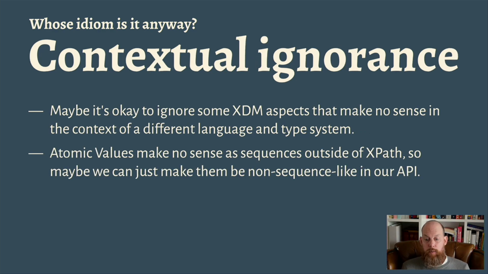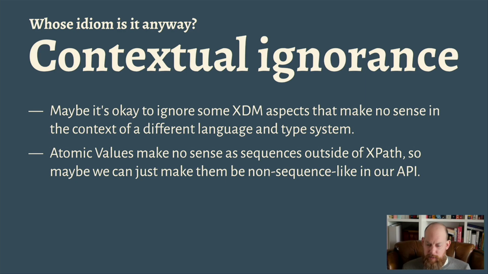Another interesting thing we could look at is whether we can use the context we're operating in to just be ignorant of certain aspects, to basically ignore some things that make our lives difficult in the native languages that we don't really need.